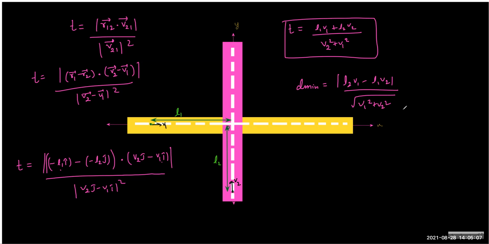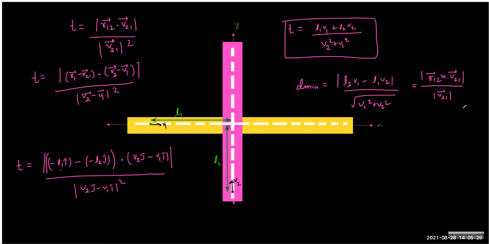Because we don't know which one is bigger, the difference of the two upon the under root of V1 square plus V2 square is the answer. Because in the D minimum formula, the formula is R12 cross V21 mod upon V2.